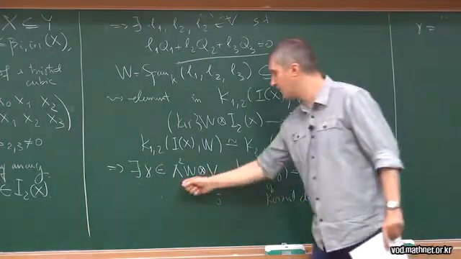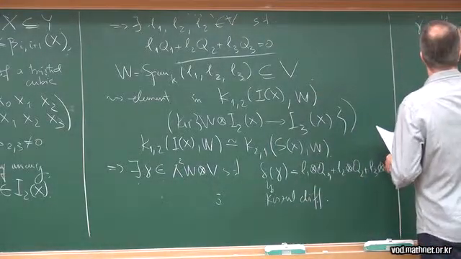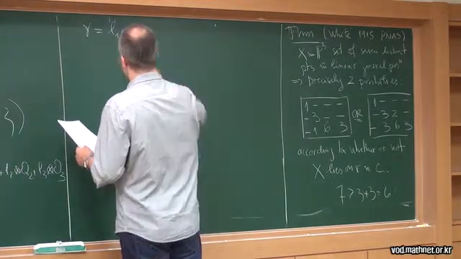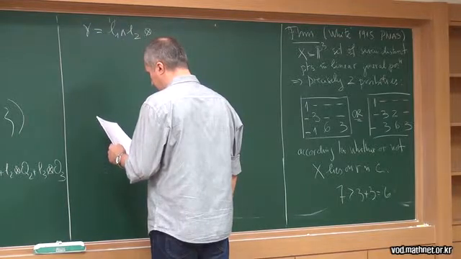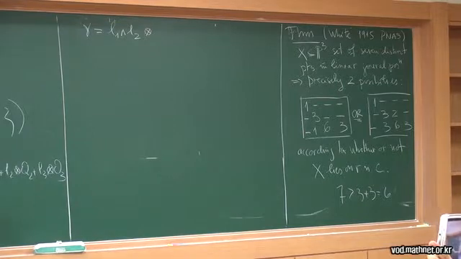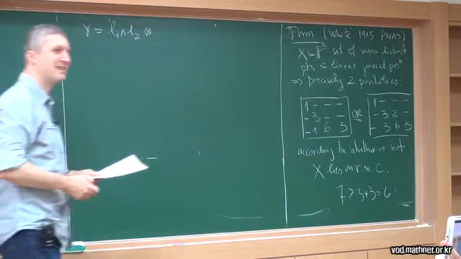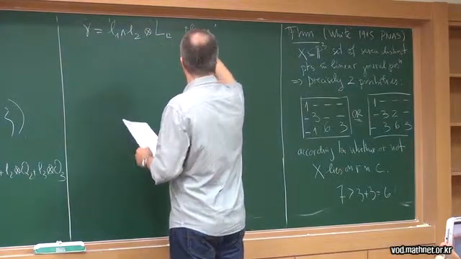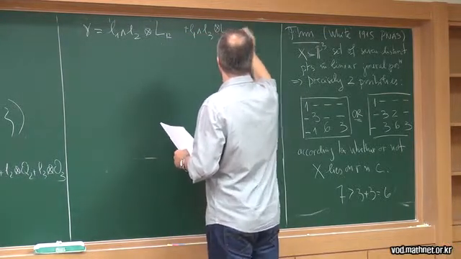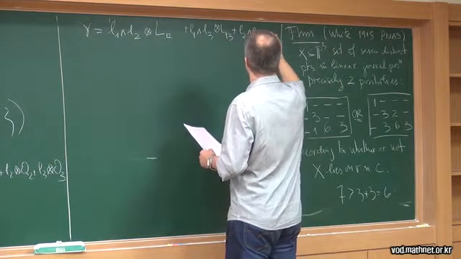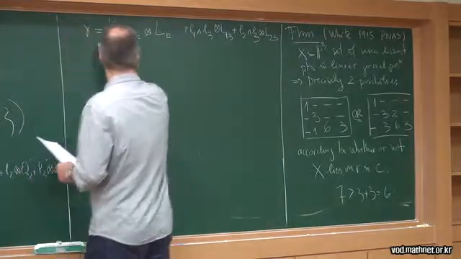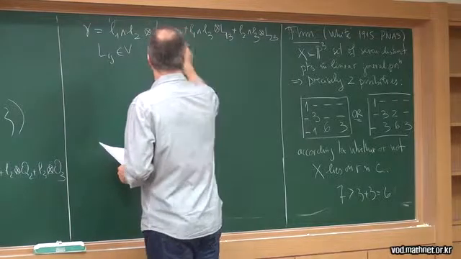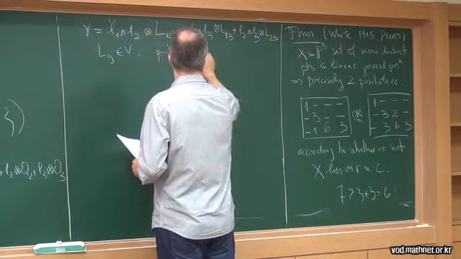Gamma is an element in wedge 2 W tensor V, so we can write it as L1 wedge L2 tensor L12 plus L1 wedge L3 tensor L13 plus L2 wedge L3 tensor L23, with Lij in V, and Lji is minus Lij. I need another letter for linear forms; A stands for constants, so let's put capital L.